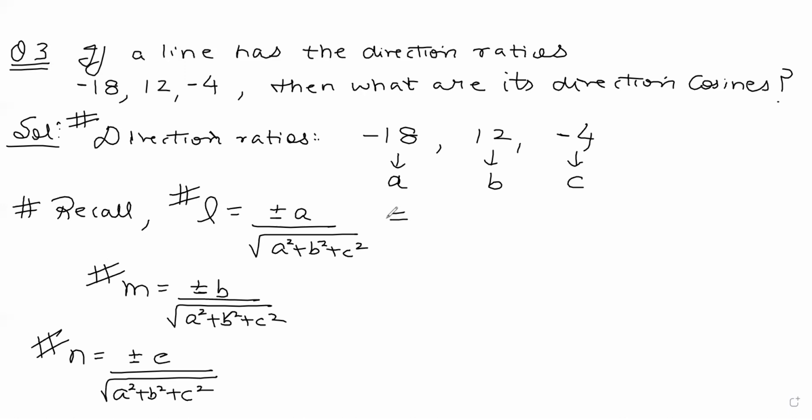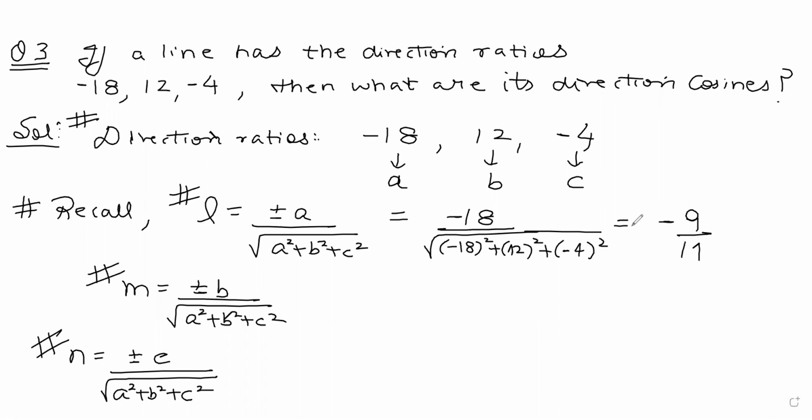So if I quickly solve, my L is minus 18 upon square root of minus 18 square plus 12 square plus minus 4 square. Okay, this is what we get. And if I further solve this up, what is the value of L I get? Minus 9 by 11 if you work it out. In your registers, if you work out, it comes out as minus 9 by 11.